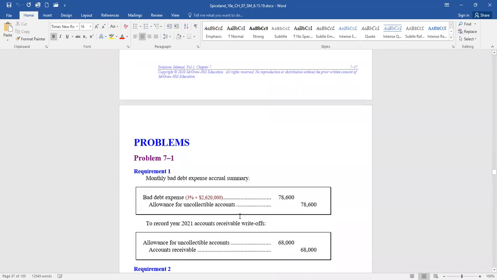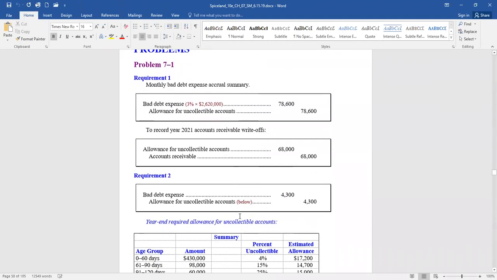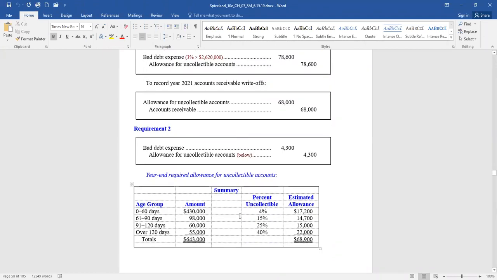Now, at the end of the year, we have to make, oh, okay, there's our write-off. Remember I said you have to debit it for that? At the end of the year, we use the aging of accounts receivable report. Remember, that is just our accounts receivable balance, $643,000, where the balance is broken down by how old it is.